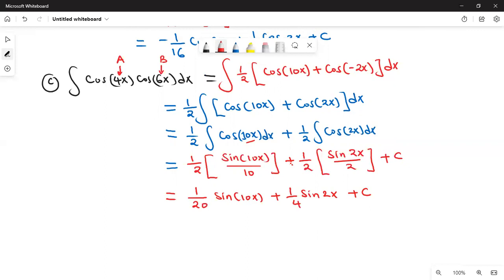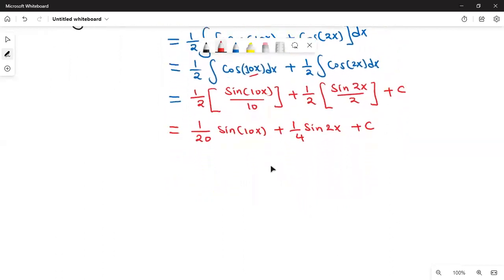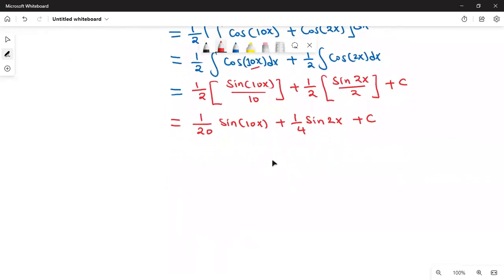Sine A times sine B. How are we supposed to integrate such kind of an integrand? So let me write it as part D. In part D, we want to integrate sine 5x times sine x with respect to x.